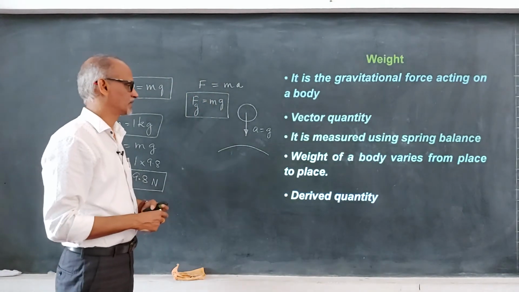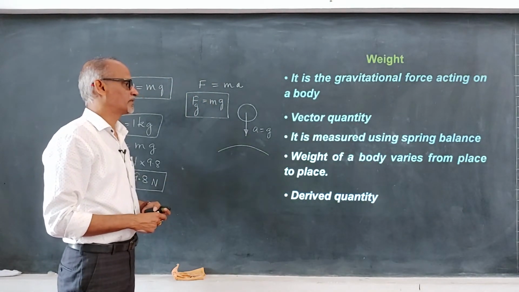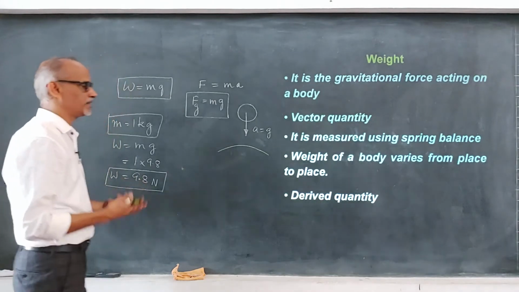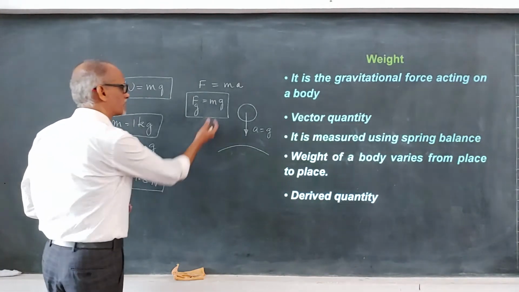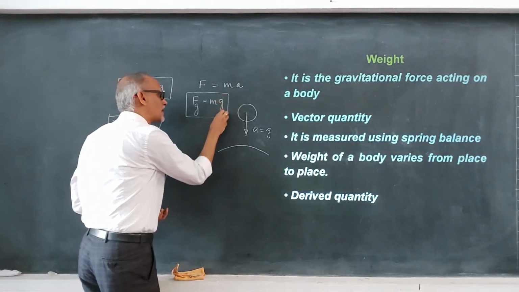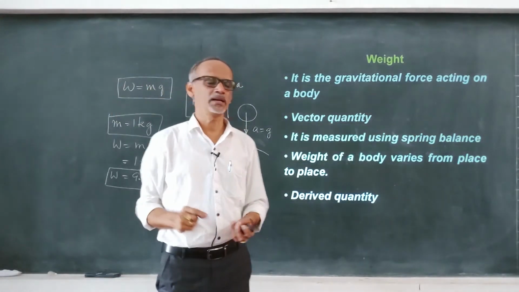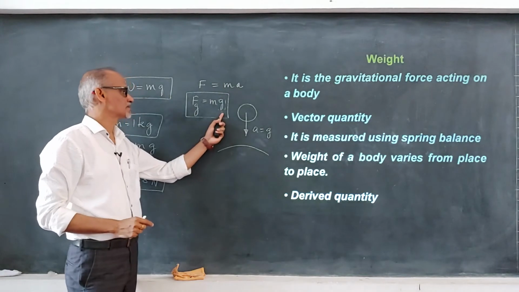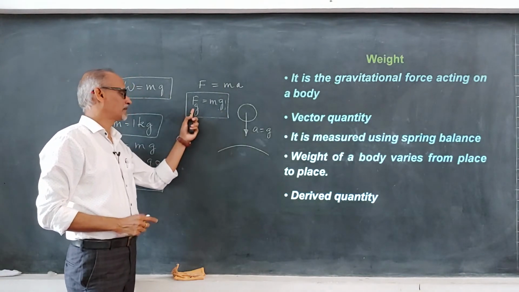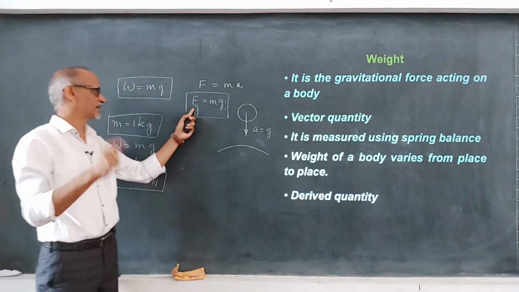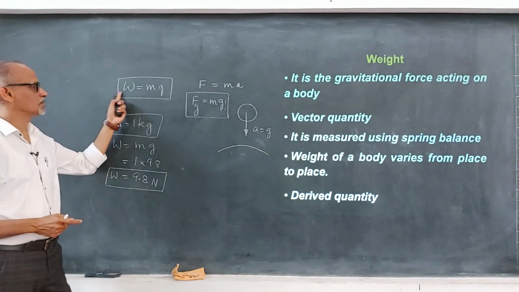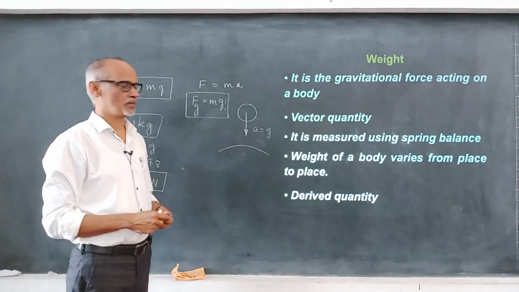So, later I will show you the diagram of that. Weight of a body varies from place to place. Why does weight vary from place to place? Because the value of g varies due to the shape of the earth. So, gravitational force varies from place to place, and that is the reason why the weight also varies from place to place.